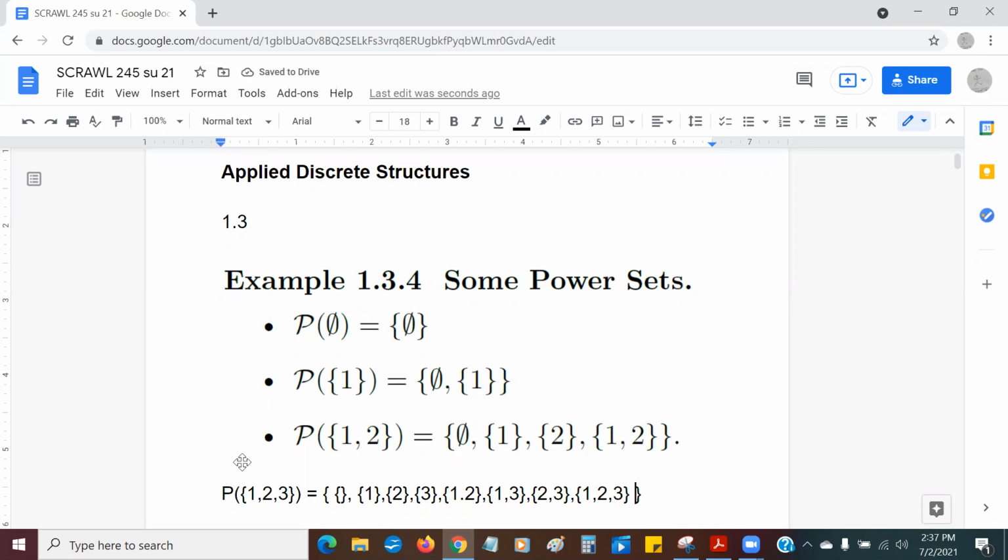And the cardinality equals 8. I didn't bother writing cardinality, but the cardinality equals 8.